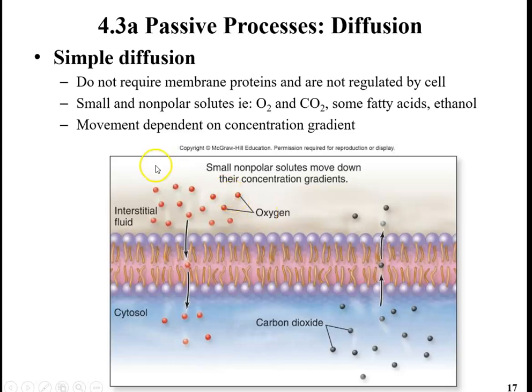So here it shows oxygen moving from the interstitial fluid straight through the plasma membrane into the cytosol, where there's a lower concentration of oxygen. On the other hand, you have a high concentration of carbon dioxide here, and it slips through the plasma membrane to where there's a lower concentration of carbon dioxide in the interstitial fluid.